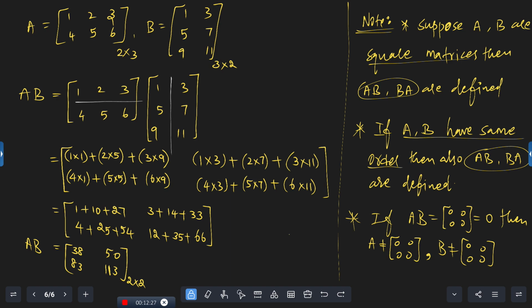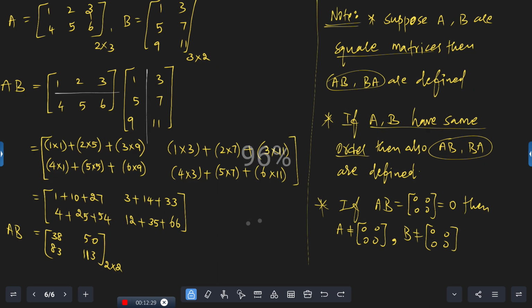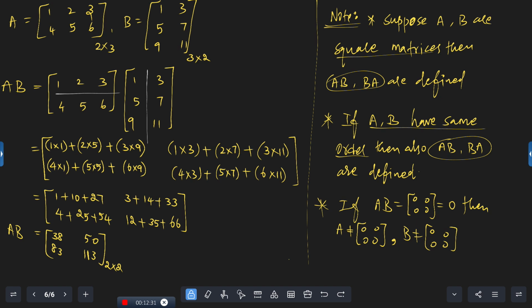Example, if you want, I will give. Suppose A equals 0, minus 1, 0, 2, and B equals 3, 5, 0, 0.